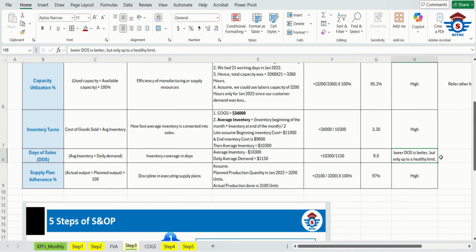So we cannot say exactly how many days of inventory is right, since this number depends on the nature of the business and varies from business to business. That's why this should be a target each company sets, like how many days of sales they should allow into the business.